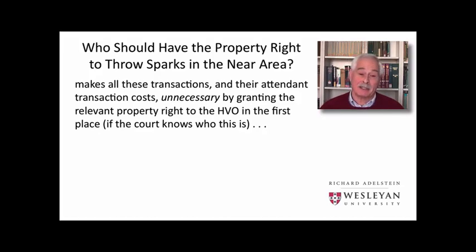Of course, as I've suggested, this assumes that the court knows that the railroad is the higher valuing owner, and that's something it can only determine in terms of the evidence which is presented to it in court.